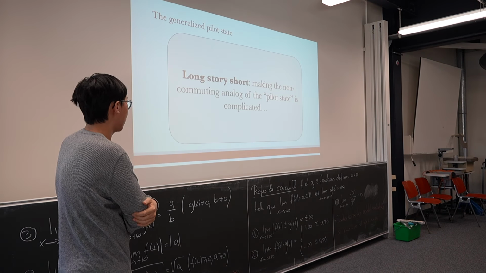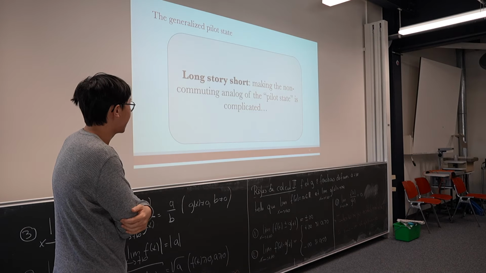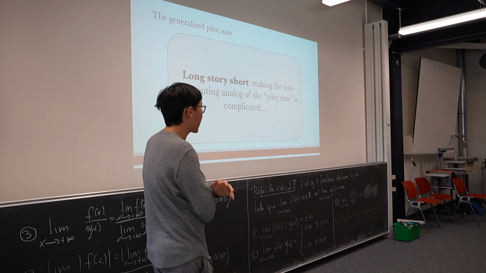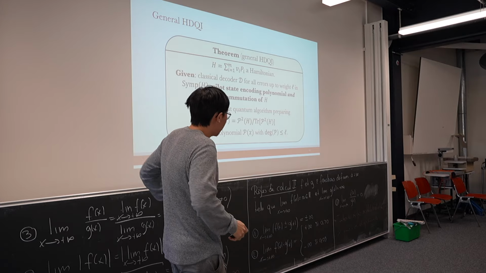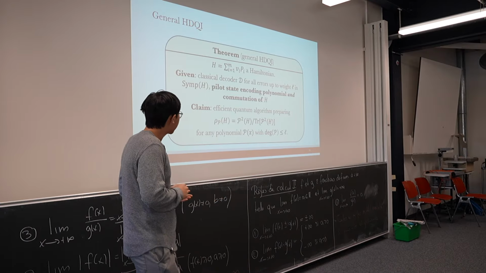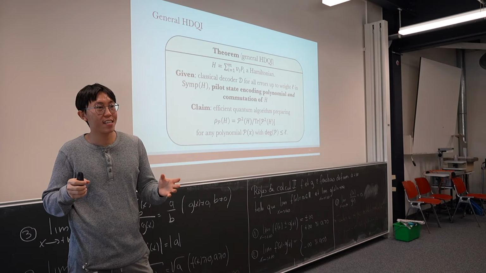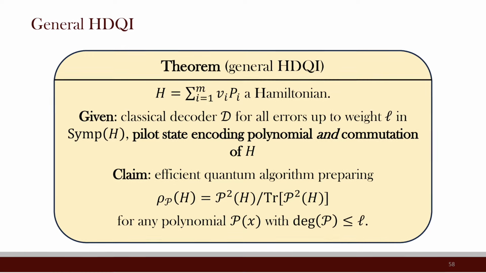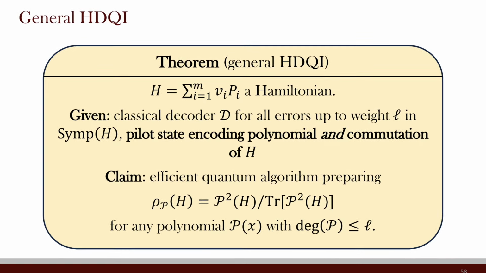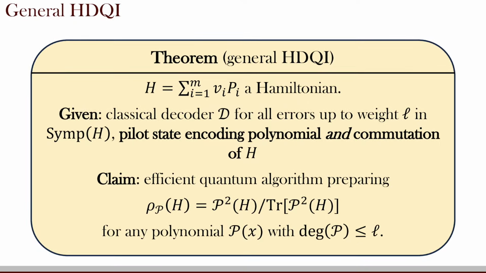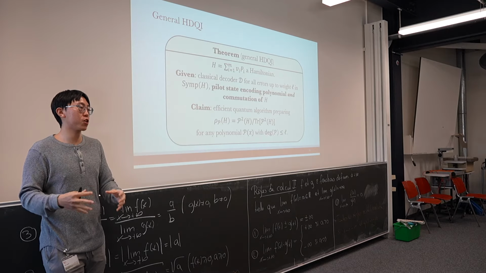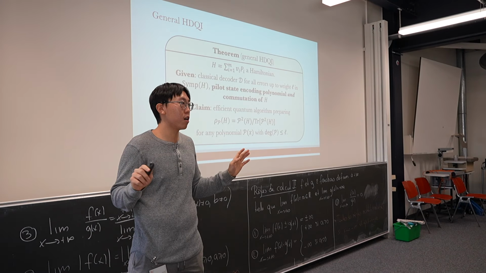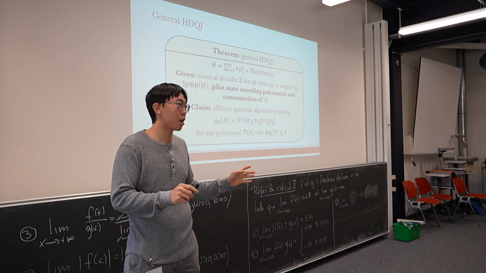Now, there's a long story behind how to fix this, but to save you the trouble, it's quite complicated. The general statement basically is, as long as I can prepare a certain pilot state which encodes a much more complicated structure of both the polynomial, which were previously just these coefficients, w_j, and also the anti-commutation structure of H. So this pilot state doesn't depend completely on the Hamiltonian, but it depends on its commutation structure.